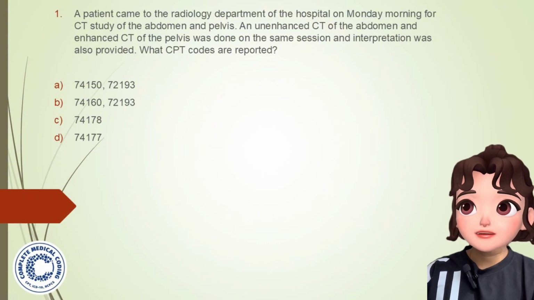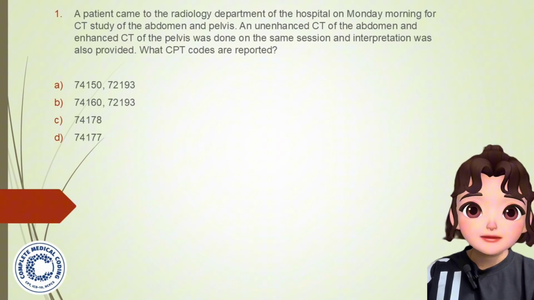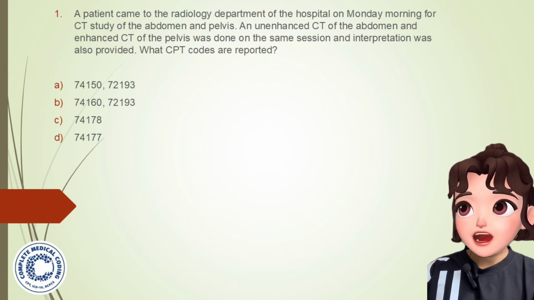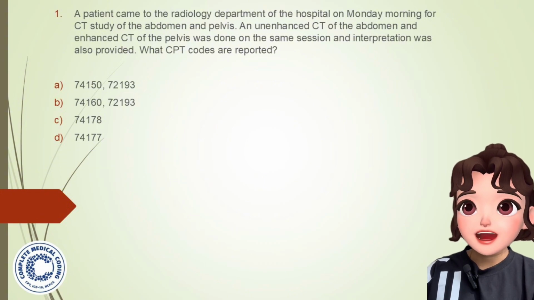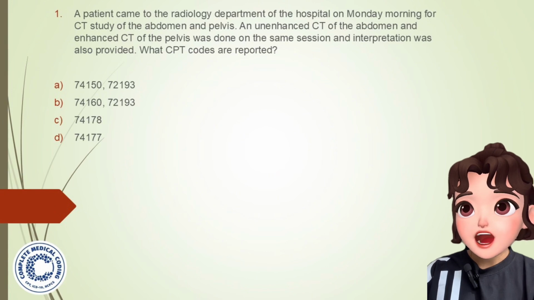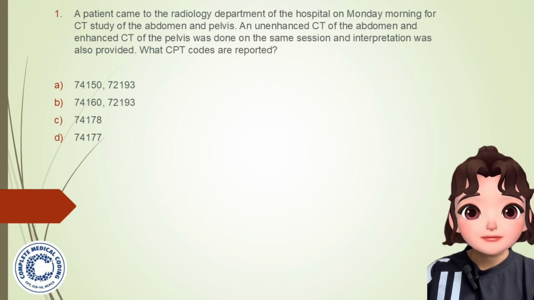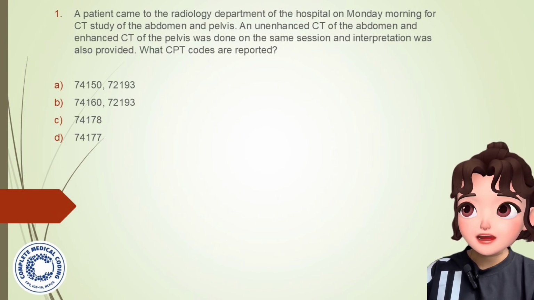A patient came to the radiology department of the hospital on Monday morning for CT study of the abdomen and pelvis. An unenhanced CT of the abdomen and enhanced CT of the pelvis was done in the same session and interpretation was also provided. What CPT codes are reported?